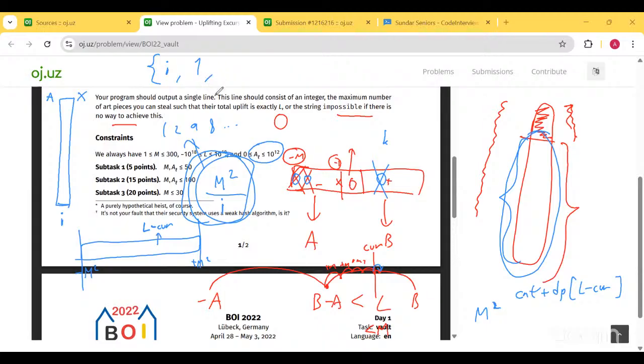And then the number of items is X. I mean A. X is equal to A. And maybe we can minimize with m squared divided by I. Alright, is it correct?